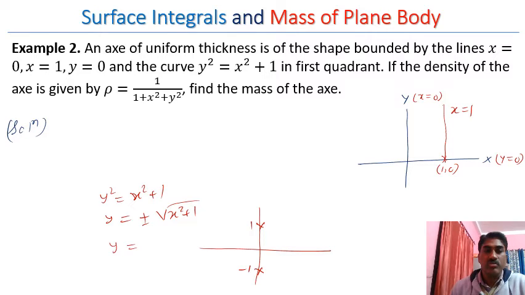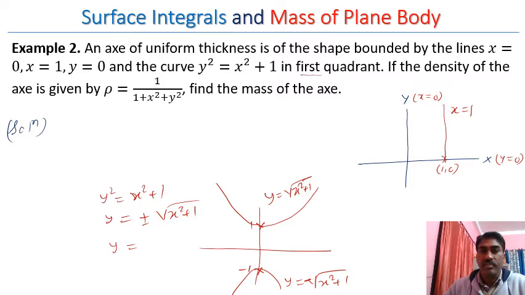When y is equal to 0, x has no real values, so this will not pass through origin. So the curve is actually a hyperbola of this type. This is lower branch, y is equal to minus square root of x square plus 1, and this is upper branch, y is equal to plus square root of x square plus 1. Because the question says the shape lies in first quadrant, we will ignore this lower part and consider only the upper part.